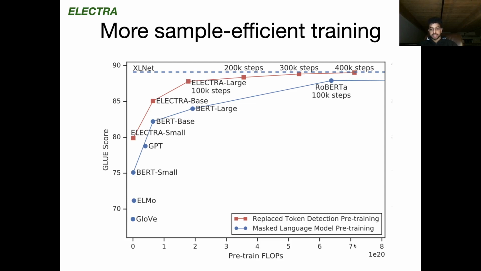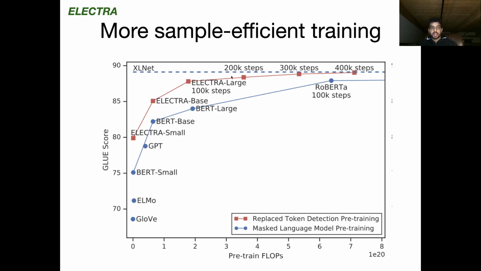The x-axis here is the number of FLOPs required for pre-training. So the larger this value, the more compute is required to reach the particular GLUE score on the y-axis. We have BERT small, and BERT large is up here. It gets close to 85 GLUE score, but it takes many more FLOPs than something like ELMo.